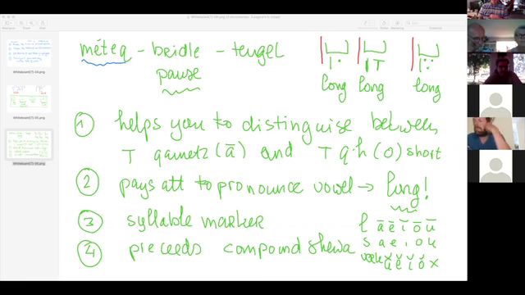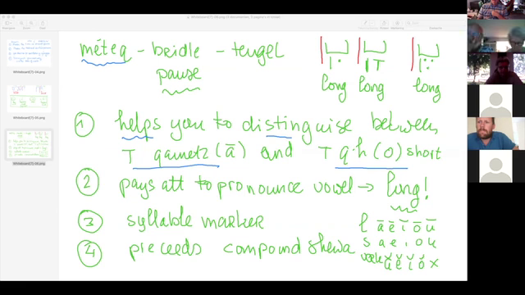The metek is at the tsegol, the patach, or the chirek, and it helps you to distinguish between the kametz and the kametz chatuf. Pay attention to pronounce a vowel. You make the vowel long, and it's a syllable marker.